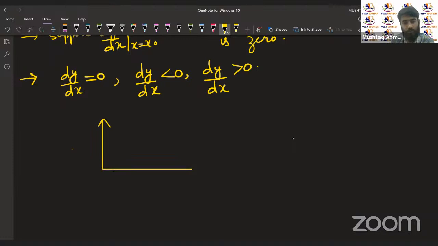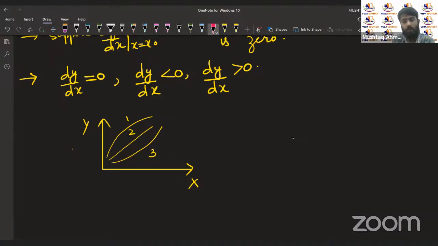Suppose I have 3 curves here. This is a straight line, and this is one more curve, and this is another curve: curve number 1, second and third.